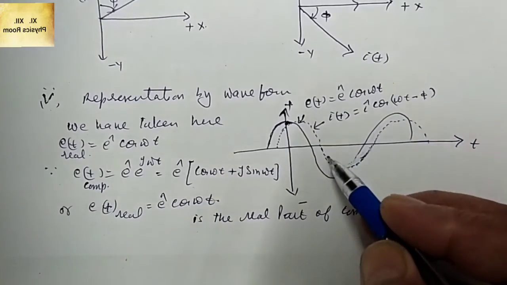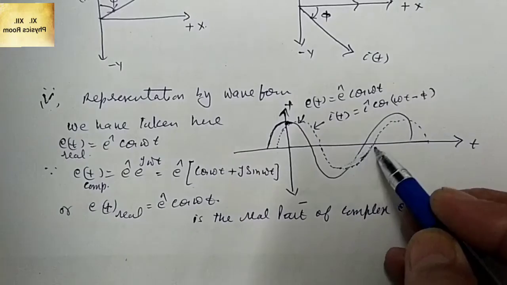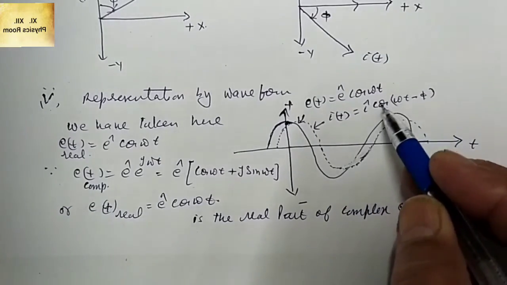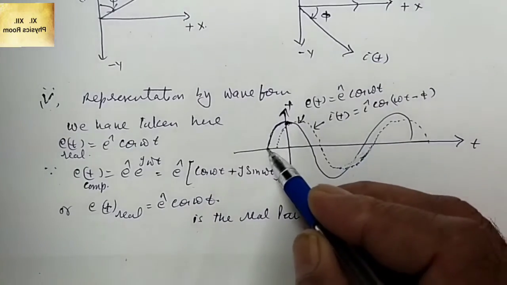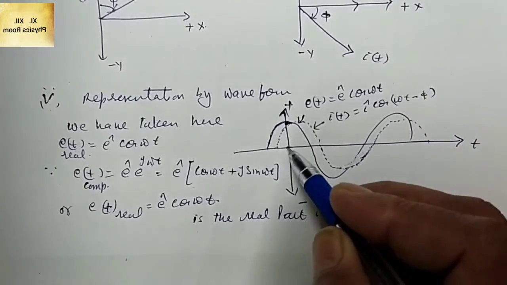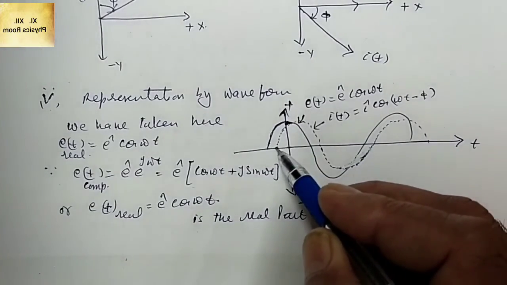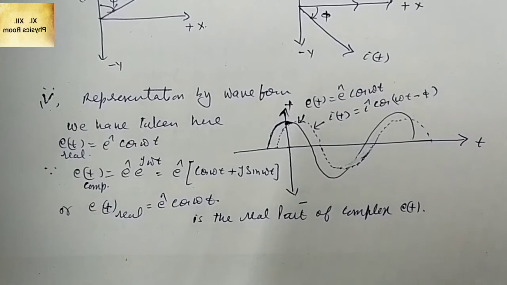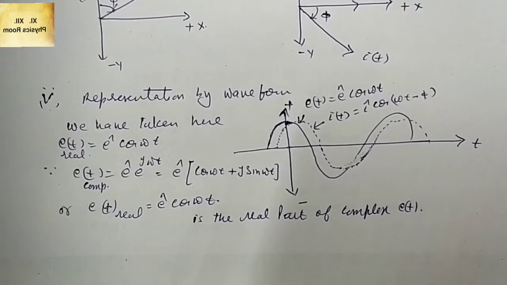The dotted waveform represents this current equation. This angle is phi, and the whole total angle is pi by 2. So lag by phi, which is less than pi by 2. Current lags behind applied voltage by an angle phi, which is less than pi by 2.